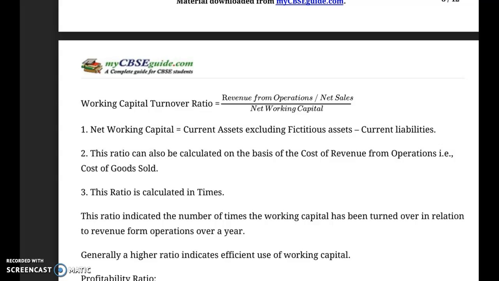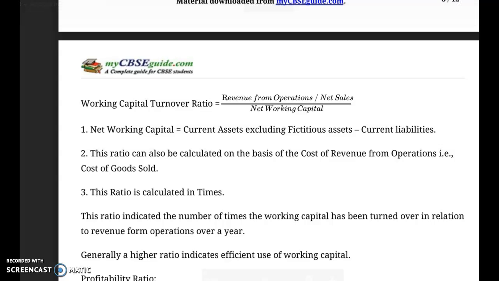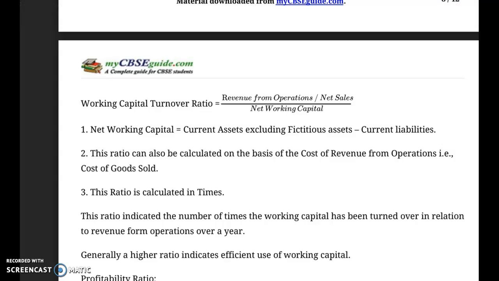Now, in some cases, we can also calculate this ratio by taking, instead of revenue from operations, the cost of revenue from operations or cost of goods sold divided by net working capital. Net working capital here means current assets minus fictitious assets minus current liabilities, or the difference between the current assets and current liabilities is known as the net working capital.